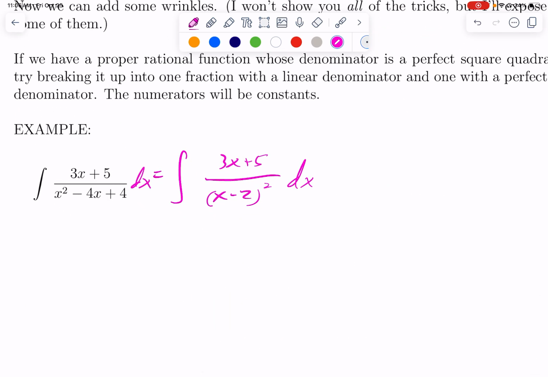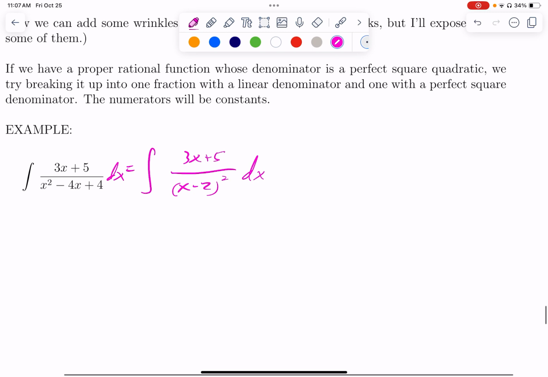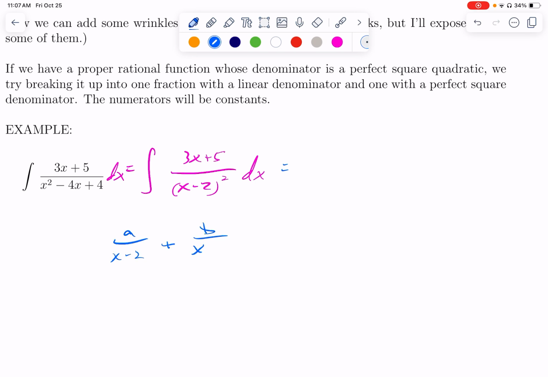What wouldn't really make sense, I'm going to write something and then delete it, so don't copy, is to say, I'm going to do a over x minus 2 plus b over x minus 2. Because at the end of the day, that's just one number over x minus 2. So if we have a perfect square, we need to do something a little more clever.